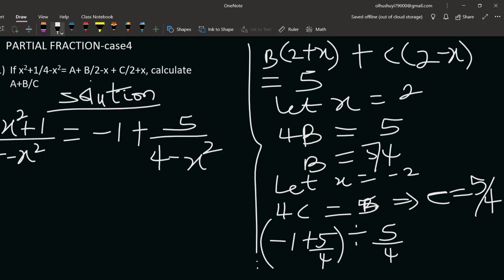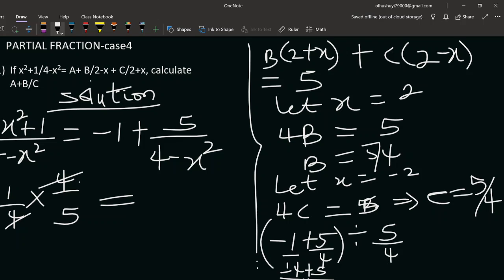Minus 1 plus 5 over 4, let me find the LCM here. 4. Minus 4 plus 5 over 4, that's 1 over 4, divided by 5 over 4, that will be times 4 over 5. Let's cancel this. So that will be 1 over 5. So our final answer from what they say we should do is 1 over 5.